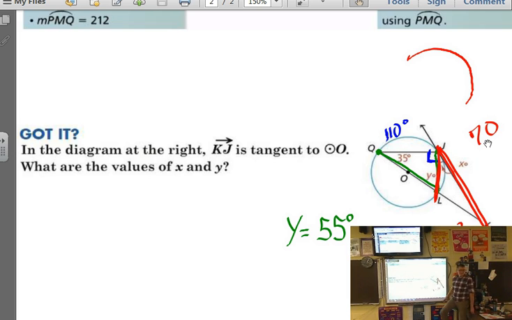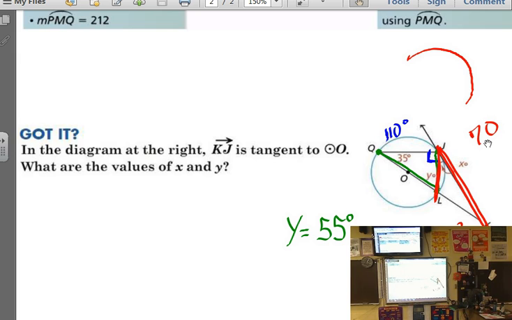I took the big arc JLQ, did half of that for X and the 90 degrees, and then subtracted the 90 degrees, and I got 35. It works. I saw the theorem from the front where it says the angle measure is going to be half that of the intercepted arc.